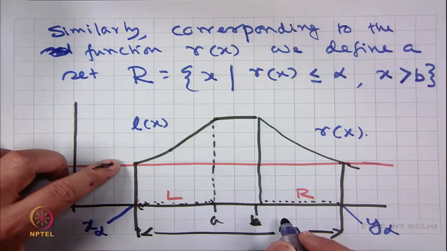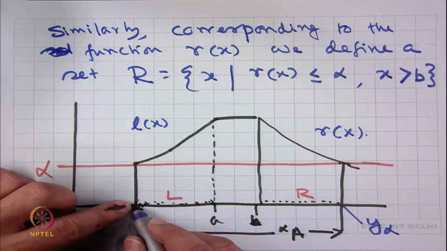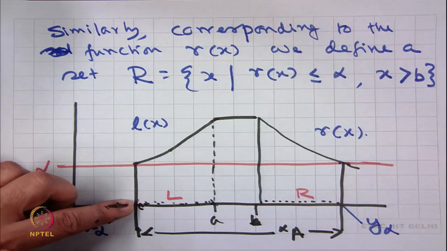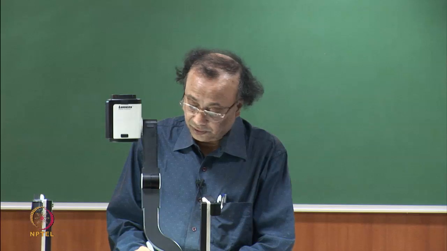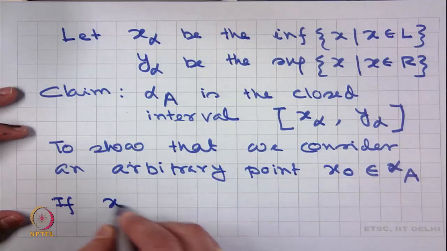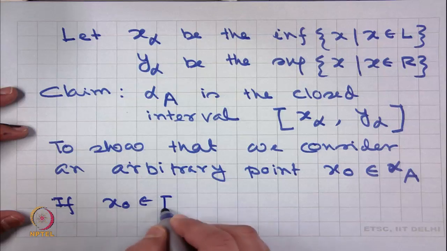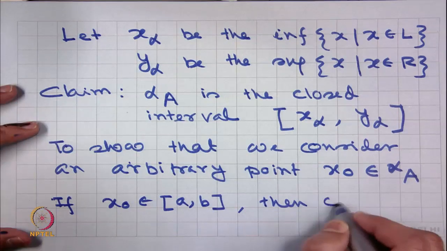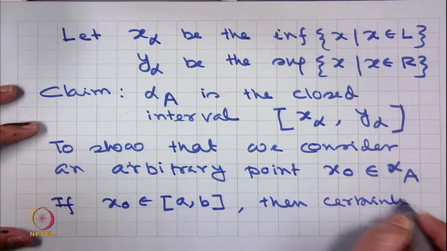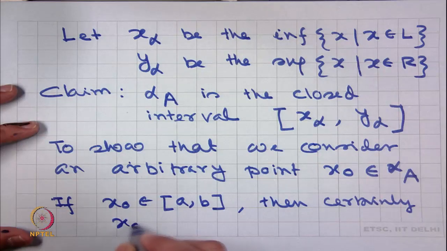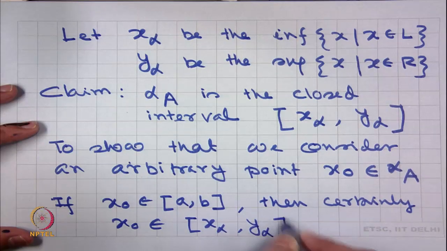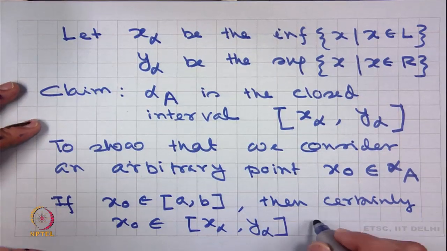X naught has three possibilities: either it is less than A, or it is in the closed interval A to B, or it is greater than B. If x naught belongs to A comma B, then certainly x naught belongs to x alpha to y alpha for any alpha.